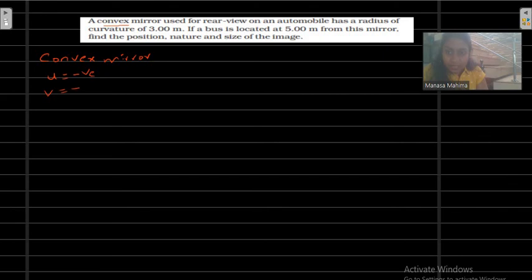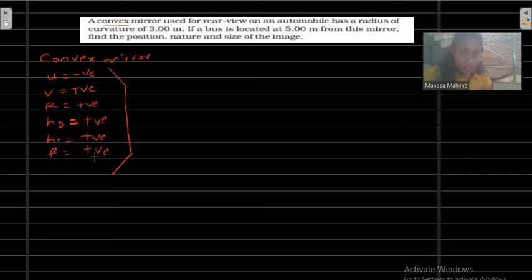And V is positive and R is also positive. Height of the object is positive and height of the image is positive, correct? And the focal length is also positive, right? These things you have to keep in mind. The signs should be correct before solving.